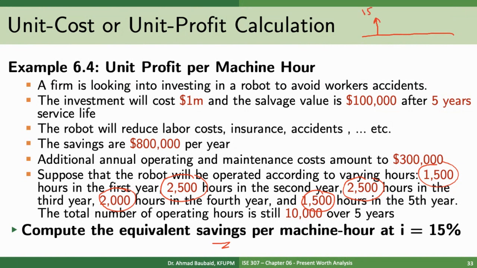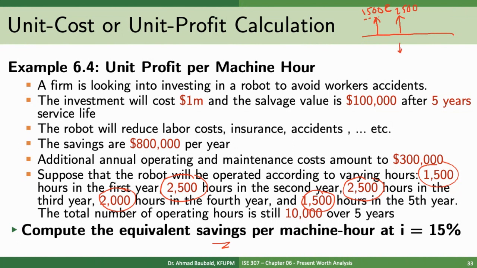The first year, it's 1,500 hours, and the second year, it's 2,500 hours, and so on. In order to convert this into a savings, you multiply by some unknown per unit savings value C, right? Savings per machine hour. So if you operated 1,500 hours times C, which is the savings per machine hour, that gives you the total savings in that year.